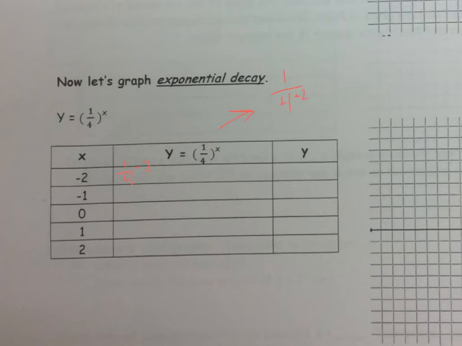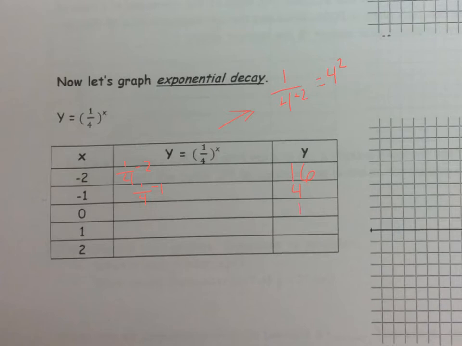Remember, that's going to move it up to 4 squared. That is 16. Thinking about the same thing, 1/4 to the -1. That's going to be like 4 to the 1st, which is 4. 1/4 to the 0.